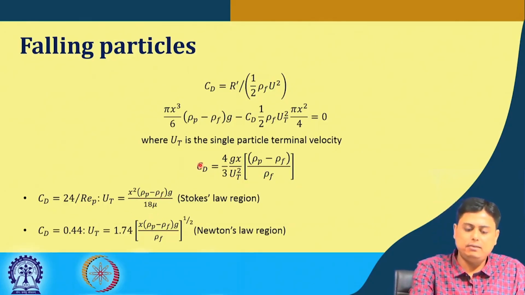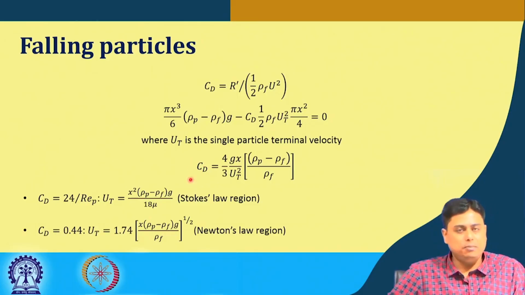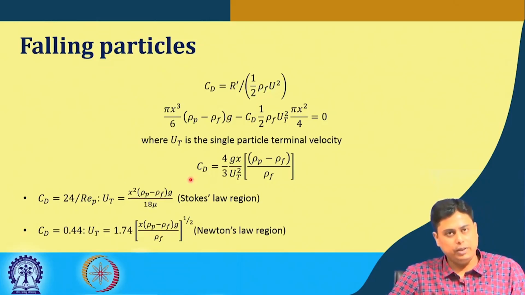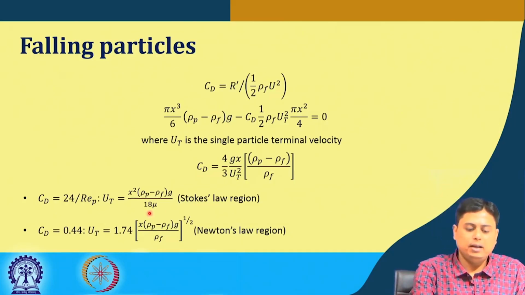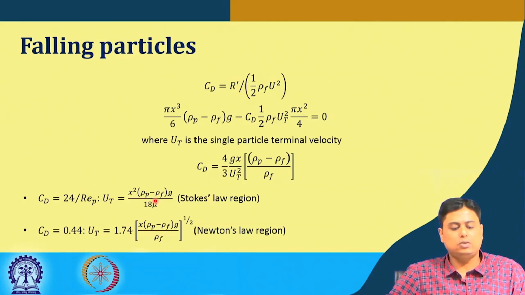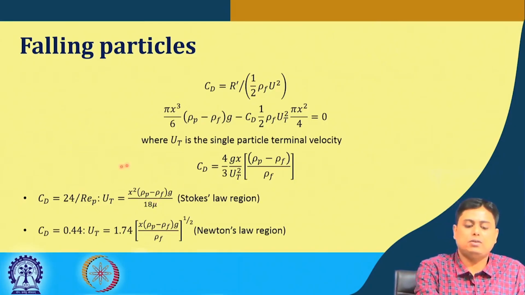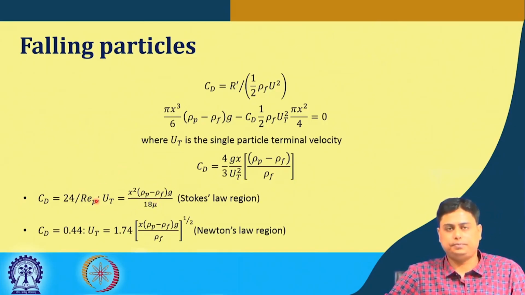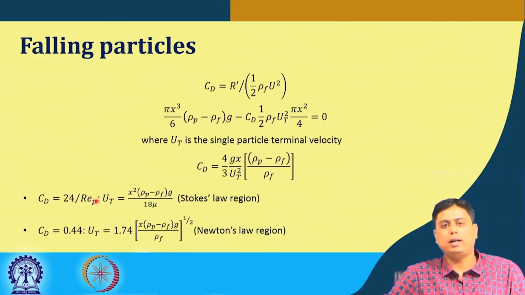If you replace this CD value by 24 by REP, and expand that REP expression with x, rho, mu and nu, the kinematic viscosity, you find that ut is deduced as x square, relative density multiplied by g, divided by 18 mu. This is the terminal velocity in the Stokes region, which means when the particle Reynolds number is less than or equal to 0.3.